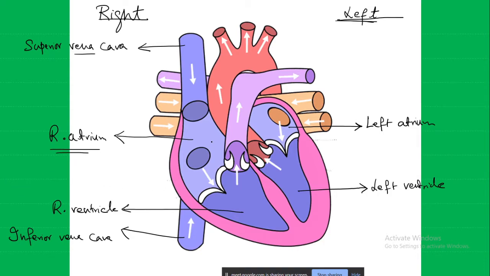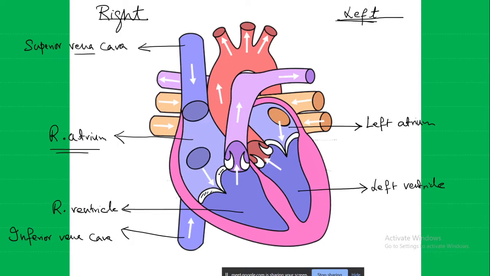So the right atrium is receiving the deoxygenated blood from the body. And from there, this deoxygenated blood is entering into the right ventricle. What is this valve known as?